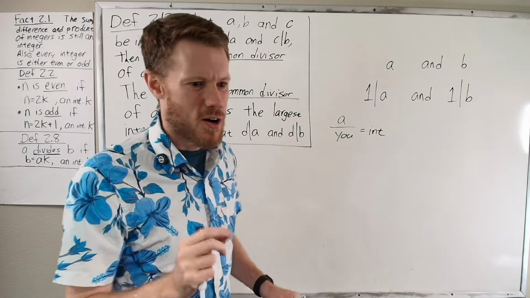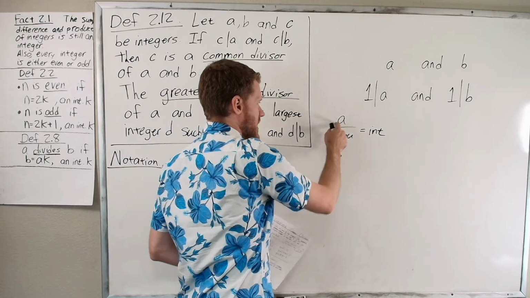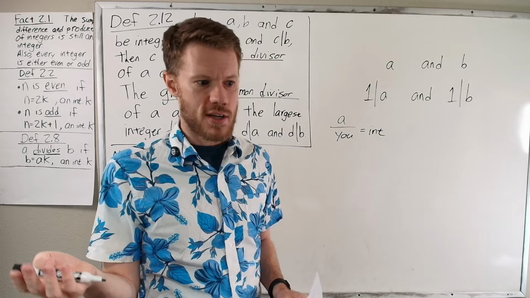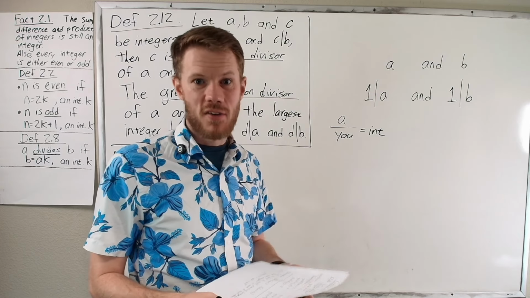Now, there's one small thing that we have to be careful of. A could be negative. If A is -8, then there are things larger than it that divide it, like 1 or 2 or 4 or 8. Those all divide it.